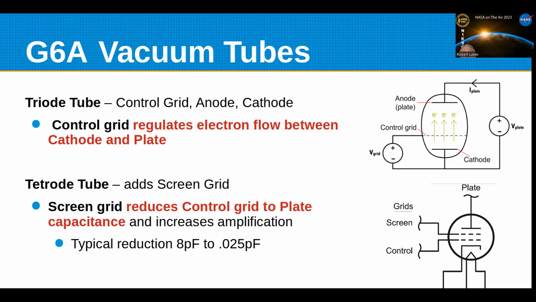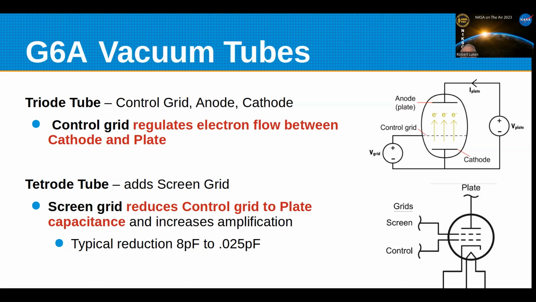Now, one of the problems when they started trying to do higher frequencies with tubes is that these plates are actually physical metal pieces in this tube. There's capacitance between the control element and the plate, which limited the frequency range you could operate.